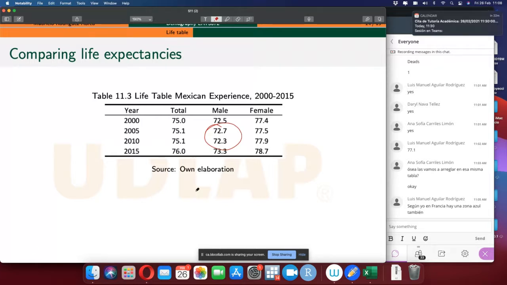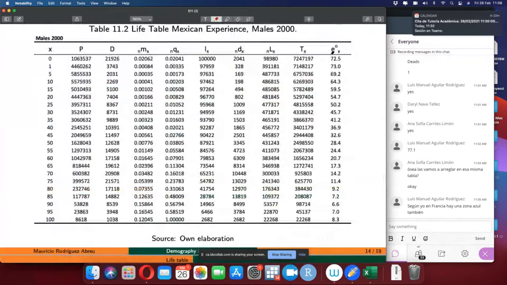And something important here, and I don't know if I mentioned it before: this is the life expectancy, the number of years a man born in the year 2000 was expected to live if, and this is important, mortality conditions stay the same or remain constant, which we know is not going to happen. We would expect mortality to improve, and we would expect a lot of things going on.